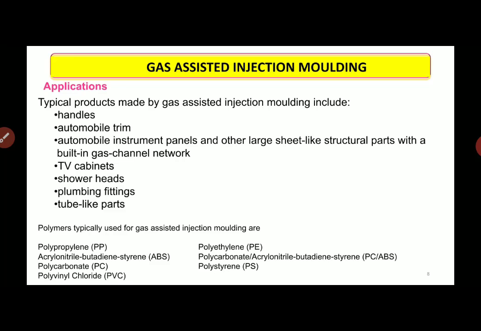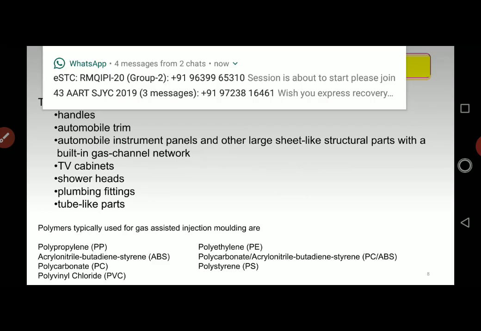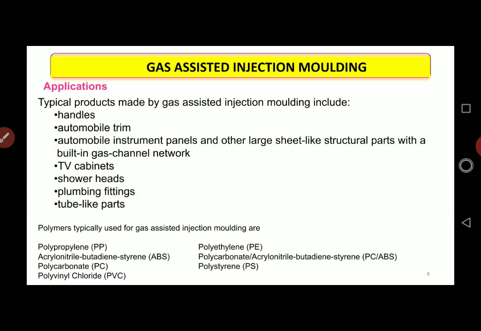Hollow tube-like parts can be made by this technique. The polymers generally used are PP, ABS, polyethylene, polycarbonate, PVC, PS, and also PC-ABS blends.